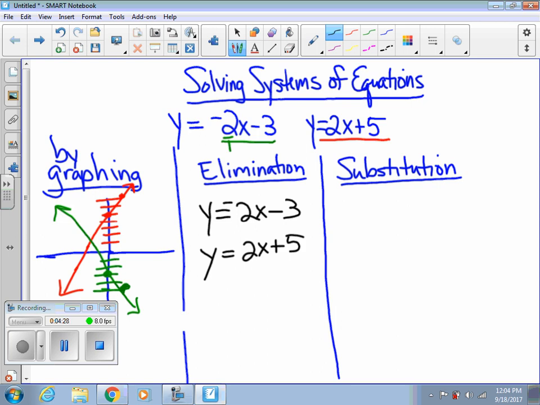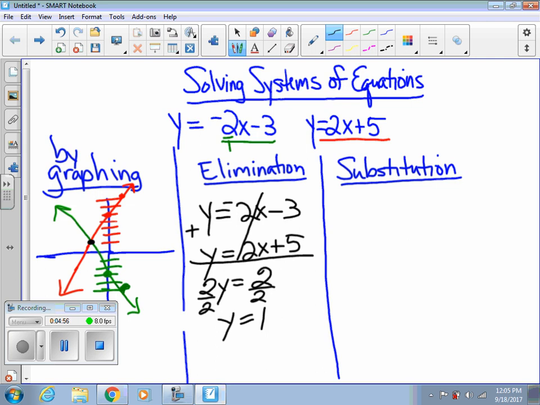I'm going to get 2y equals, negative 2x and positive 2x go away, and then negative 3 plus 5 is 2. Then I divide by 2, and I see that y equals 1, which is right here.